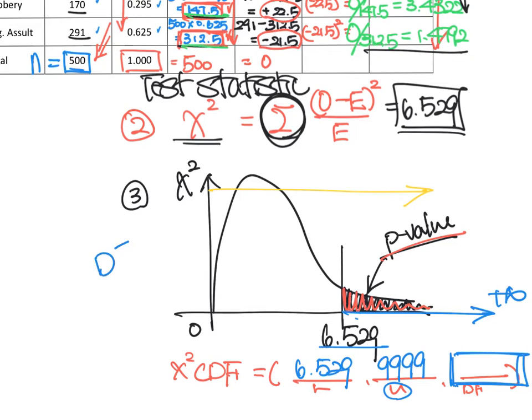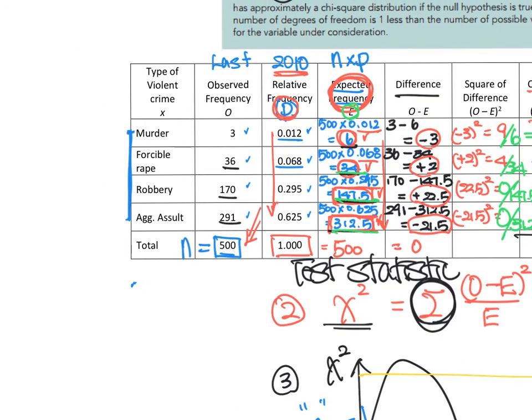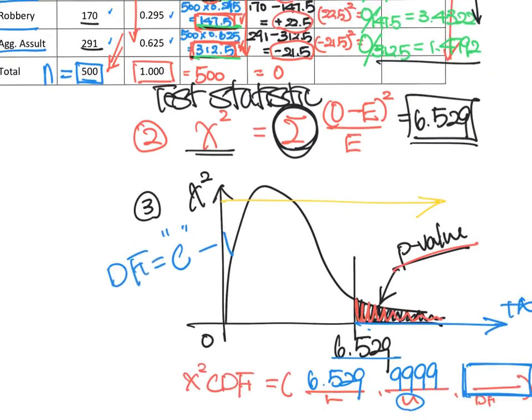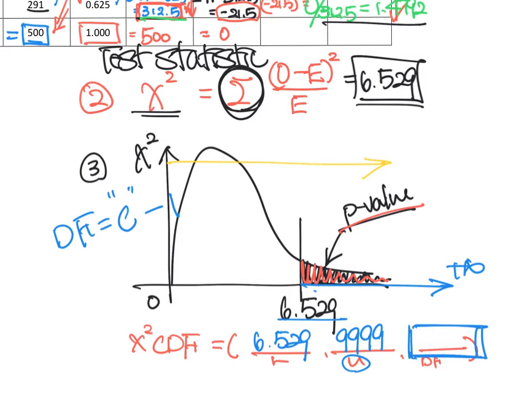You know the degree of freedom is c minus 1. The c is the number of categories. So let me go back to the table. We had 4 categories, right? C is 4. So now the degree of freedom is 4 minus 1, that would be 3.